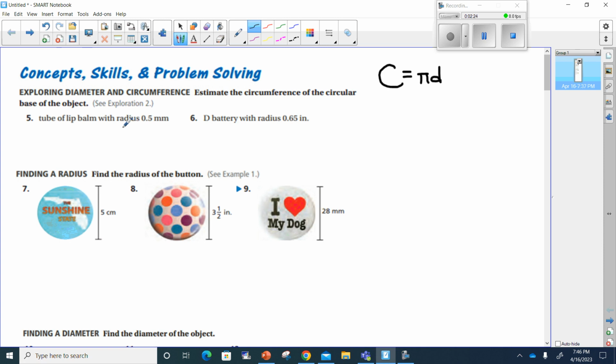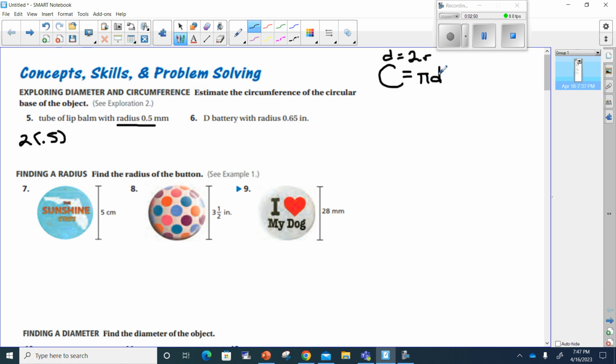So it says the radius is 1.5. I know that the diameter formula is equal to 2 radiuses. So that tells me I can take 2 of these, right? 2 times 1.5, or excuse me, 2 times 0.5.